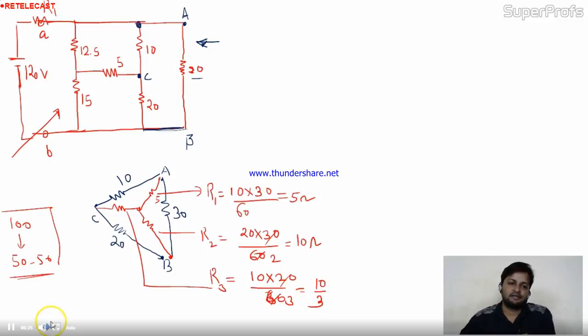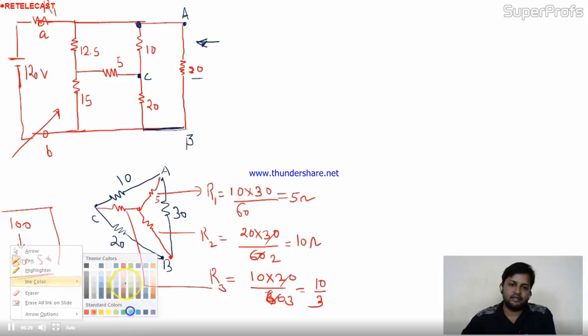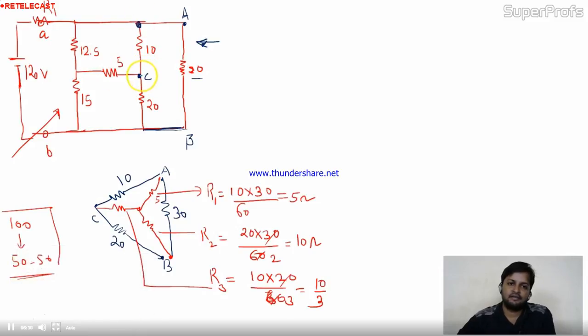Is it okay? So I'm drawing this over here in the circuit itself. Now you have this branch 5 ohm. This branch you have 10. Yes, absolutely, this is 10.